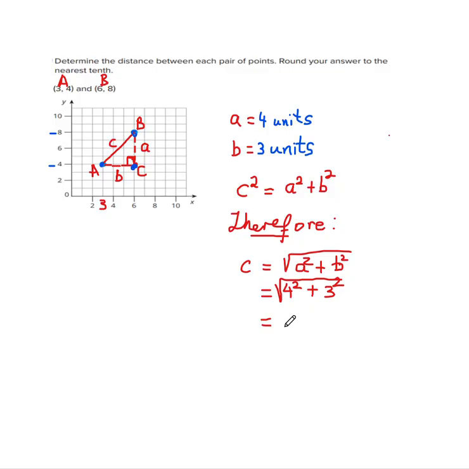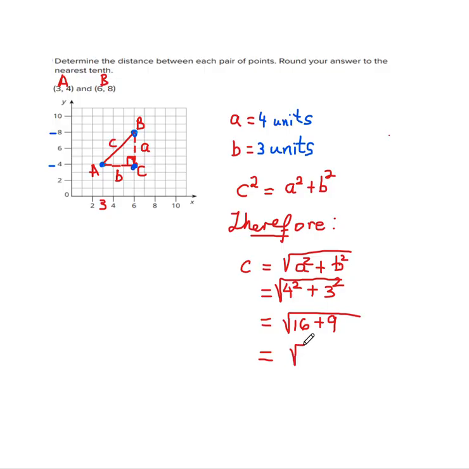So this becomes C is equal to the square root of, we know that a number squared means that number multiplied by itself. So 4 squared here means 4 multiplied by 4, which is 16. And 3 squared here means 3 multiplied by 3, which is 9.